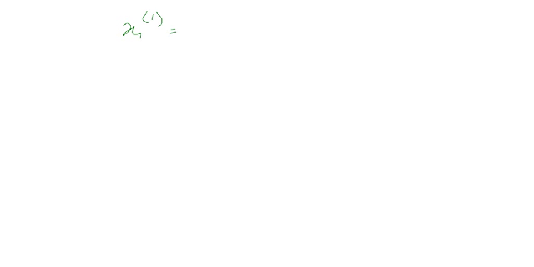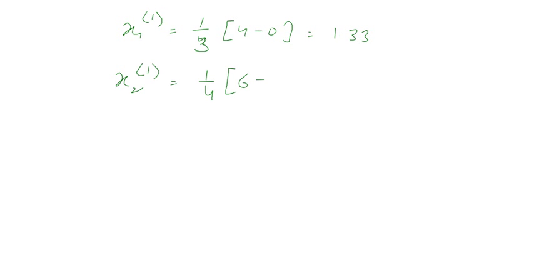So x1 1 equals 1 by 3 times (4 minus 0), which is still 1.33, and x2 1 equals 1 by 4 times (6 minus 2 into, not 0 here, we are going to use the improved value 1.33).